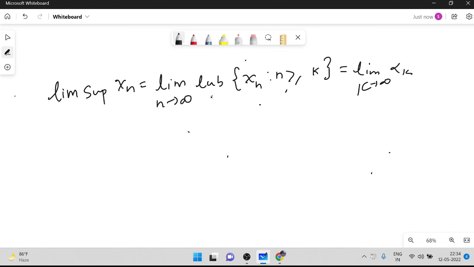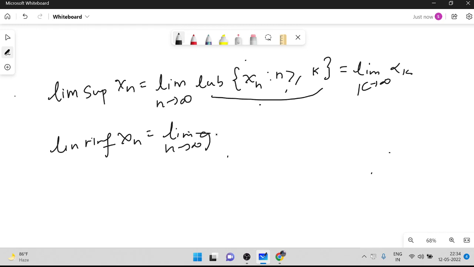I am defining it to be alpha k. And similarly, limit infimum of xn is equal to the limit as k tends to infinity of the glb of xn for n greater than or equal to k, which is the limit as k tends to infinity of beta k.